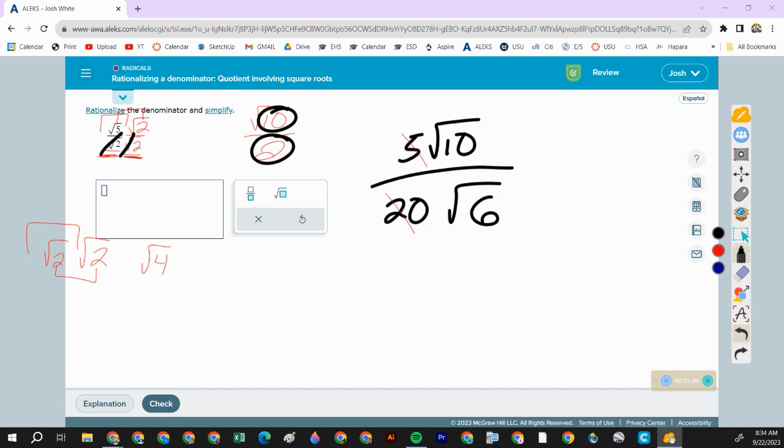So this becomes 1 over 5, or 1 over 4. Okay? I can take a 2 out of those, so that would be the square root of 5 over the square root of 3. Or not 5, sorry. No, that's right. Square root of 5 over the square root of 3. But can I cancel those? No. Outside can only cancel outside, and inside can only cancel inside. Okay? You can't cross them.